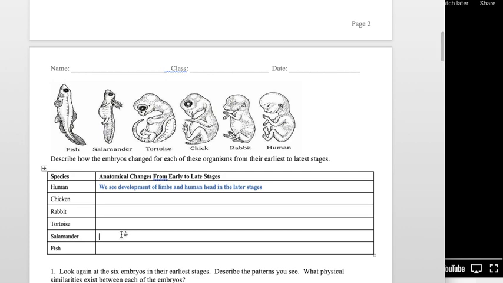And as I noted before, we see more distinguishing salamander features earlier in development compared to other embryos.